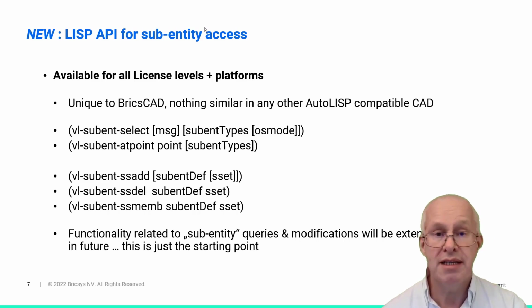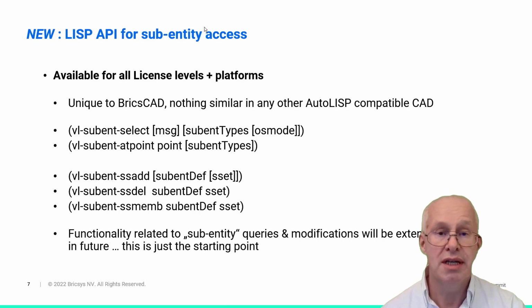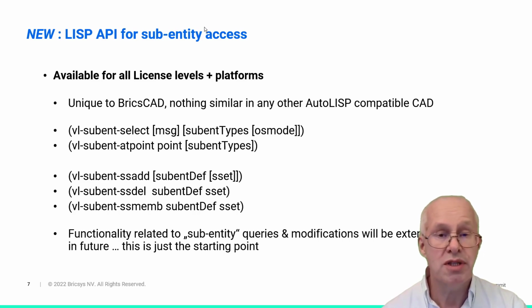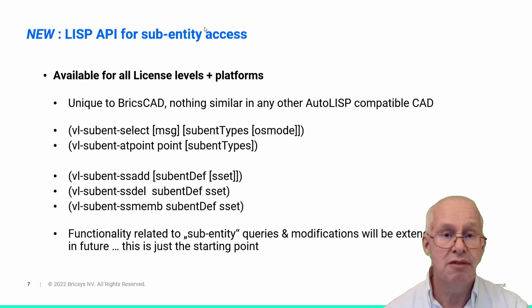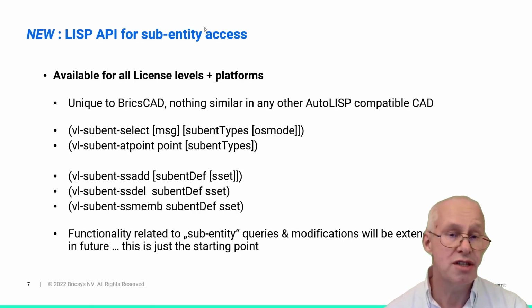These functions mainly target the ACIS entities like 3D solids, surfaces, and so on, but are not limited to ACIS entities. Several BricsCAD commands which support sub-entities can now be used in conjunction with sub-entities from LISP code side, like the move and rotate commands. The created selection set is just a normal one, compatible with existing selection set functions. Those will just recognize the main entity only.